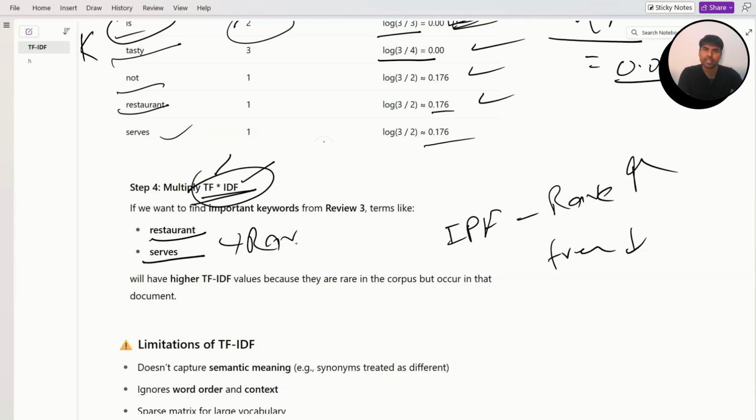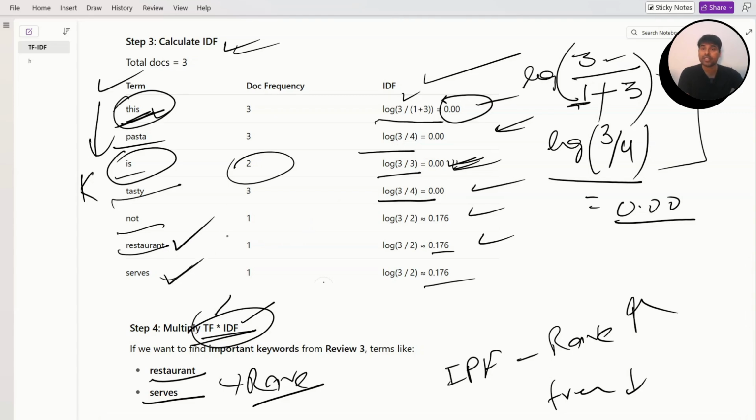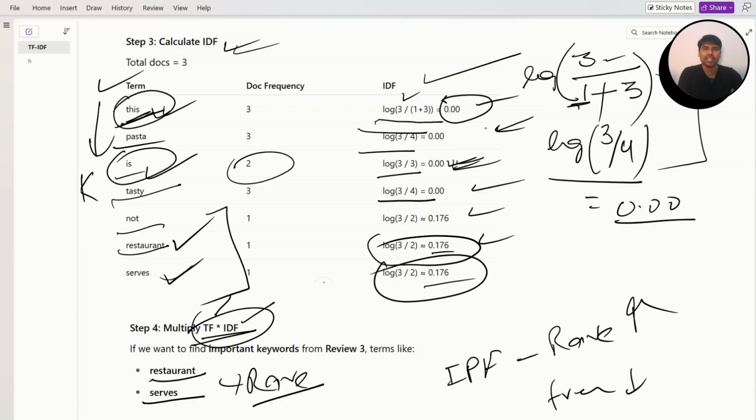The frequency is very less. It's a rare word, right? You can see that for restaurant and serve, which are rare words, IDF is higher. Generally, words like these, is, which are stop words, will have a bit lesser IDF, and for rare words their IDF is more.